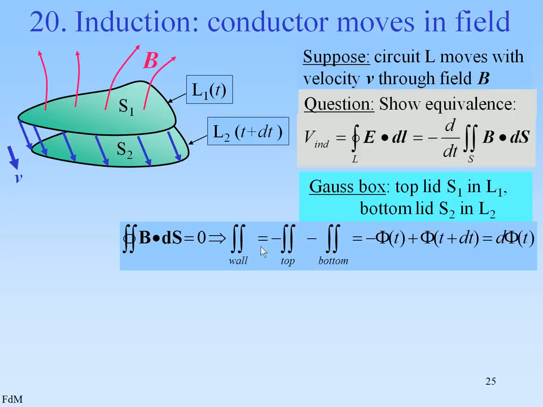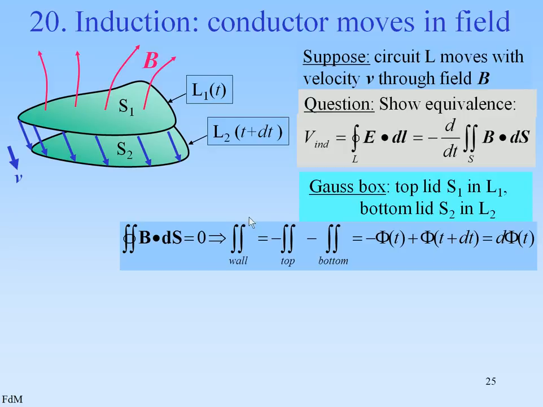So what goes in the wall has to go out through the top or the bottom. This is given by minus V at t plus V at t plus dt. This is the top, this is the bottom, and this is dV over t.